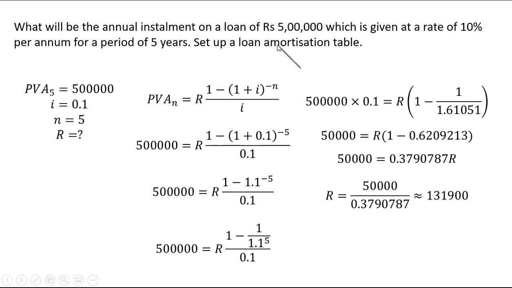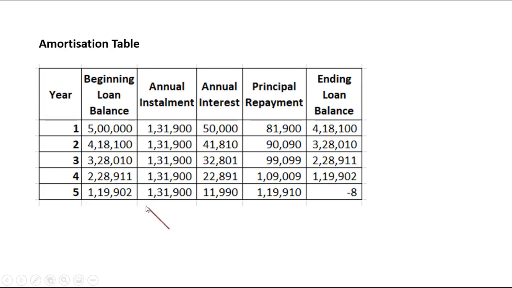So now let us see how to make that amortization table. In this amortization table, you see we make columns like year, beginning loan balance, annual installment, annual interest, principal repayment, and the ending loan balance.